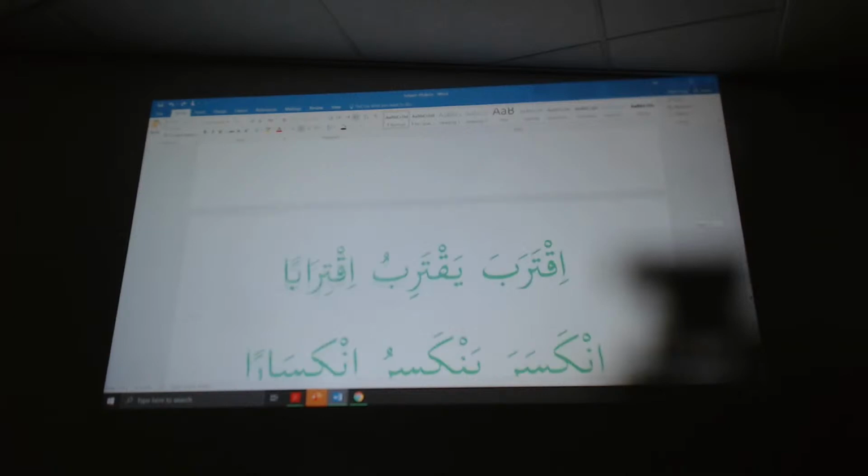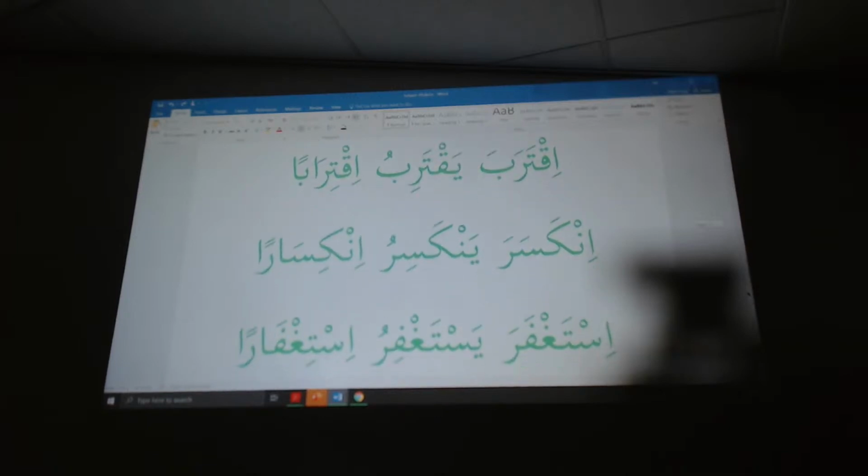So we're carrying on with these last three, and we were saying regarding the last three. Yeah, perfect. So the last three, iqtaraba, yaqtarib, iqtiraban, we've done. And remember, again, I'm going to reiterate these because these three rules apply to these last three families. Listen, it starts with an E. That's the first thing. All of them start with an E. Second thing, that's the Madi.